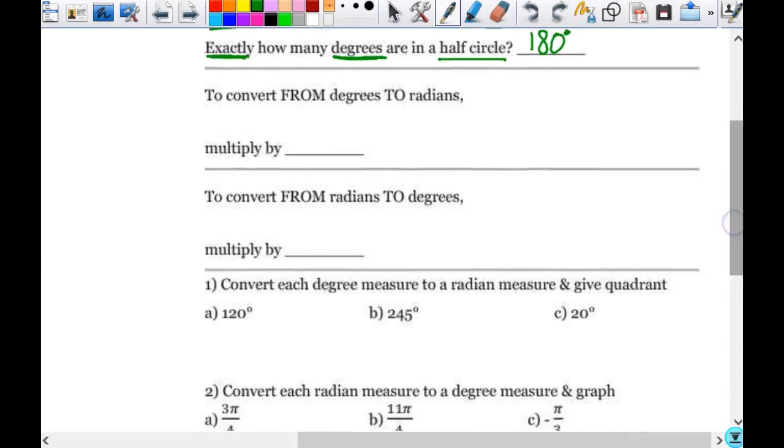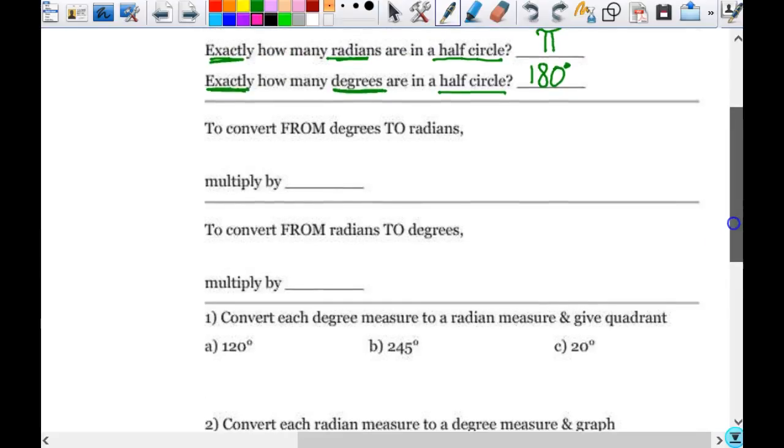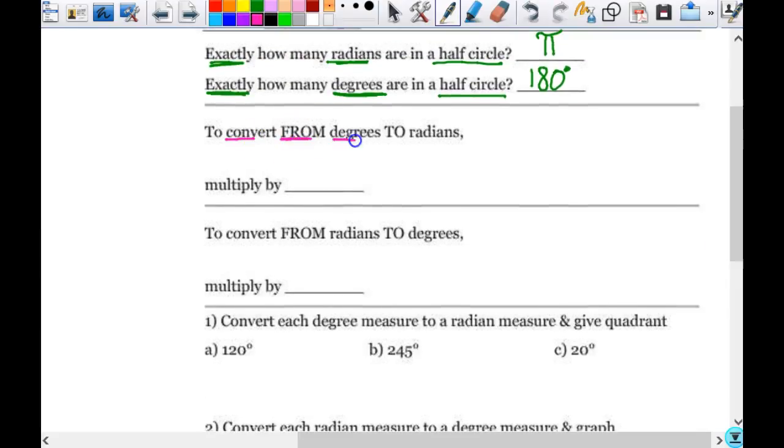So if I want to convert from degrees to radians, okay? It's a proportional relationship. For every pi radians, there's 180 degrees. That would be equal to whatever radians I would be dealing with over whatever degrees I would be dealing with. Now, I want to convert from degrees to radians, which means that I want radians in the end. So when I look at this little proportion I have set up here, what could I do to get radians by itself?